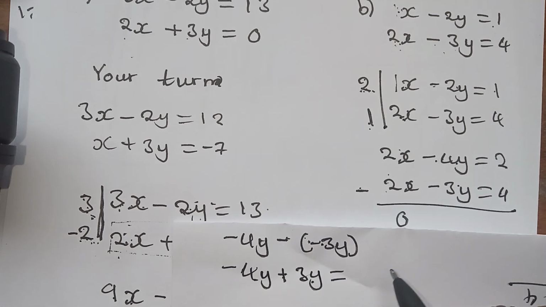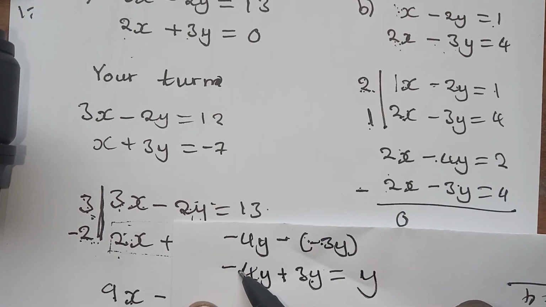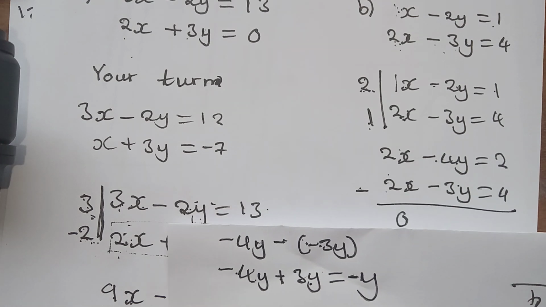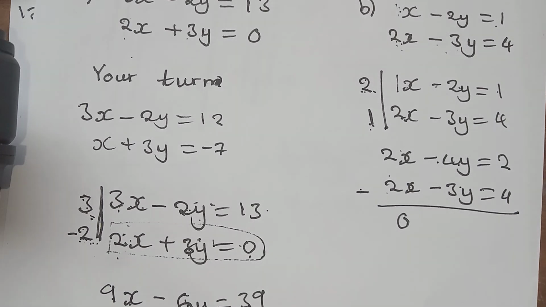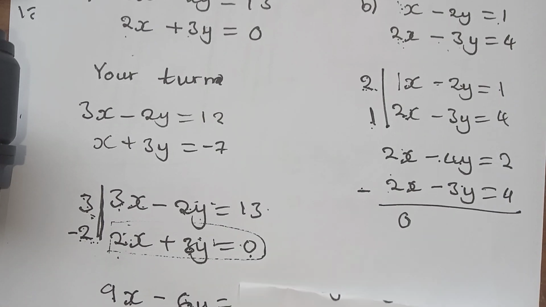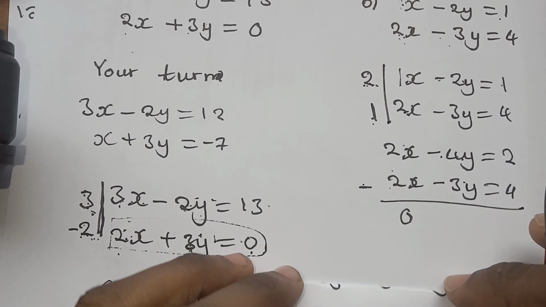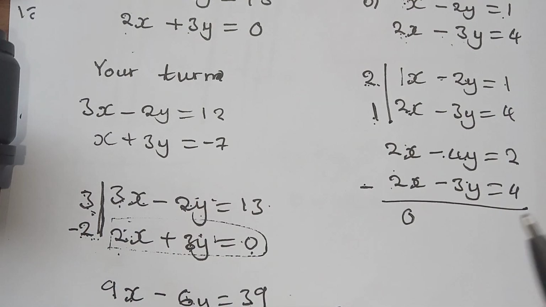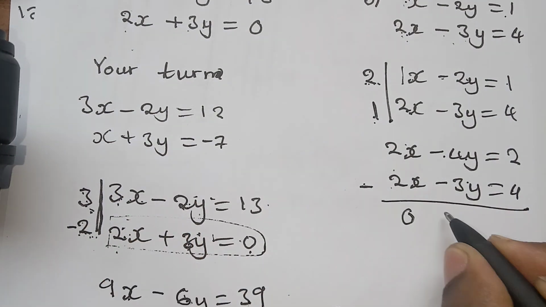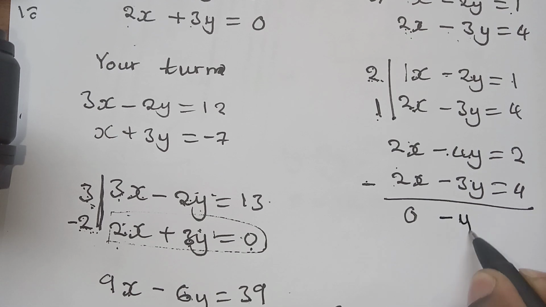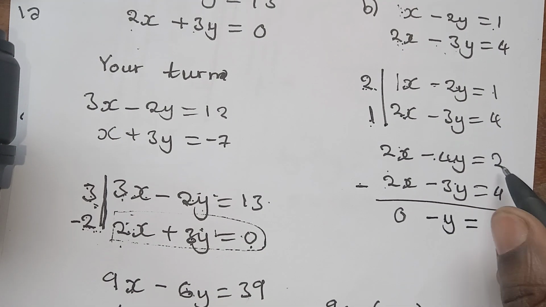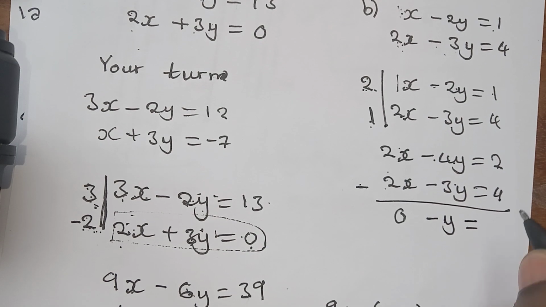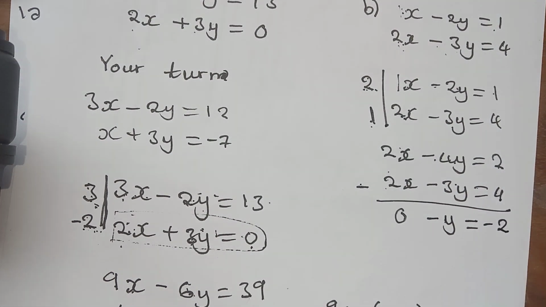Different signs, you subtract and get the sign from the bigger number. So this one will be negative y is equal to 2 minus 4, this will be negative 2.